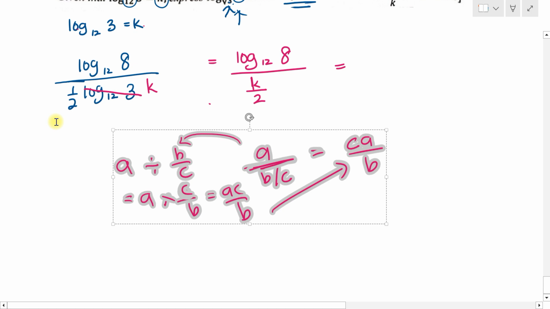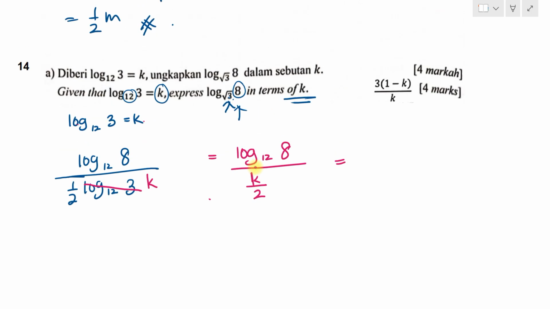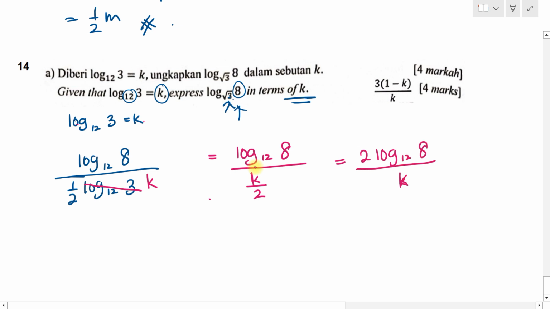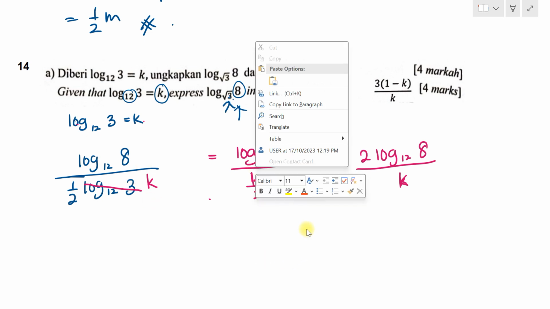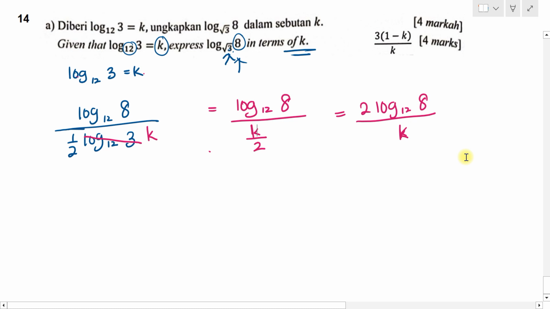Okay, so these two will naik atas over k. They want in terms of k only. So if you stop at here, it won't be right answer. Okay, so what we can do? The 2 you can bring up here, it becomes 64, but what's the catch here?